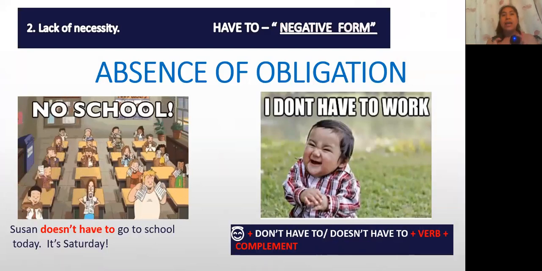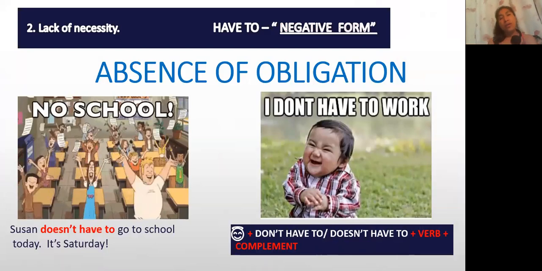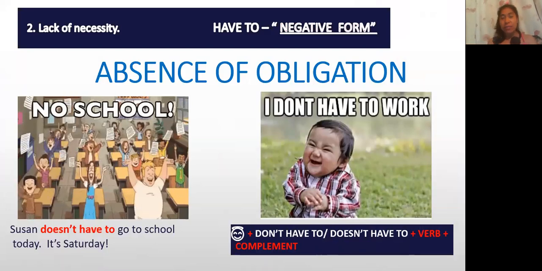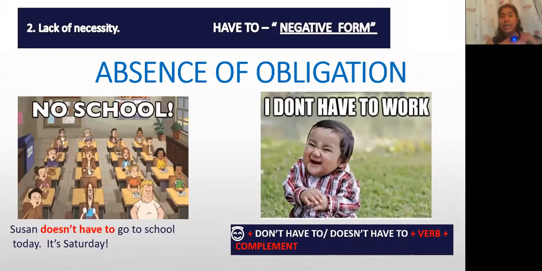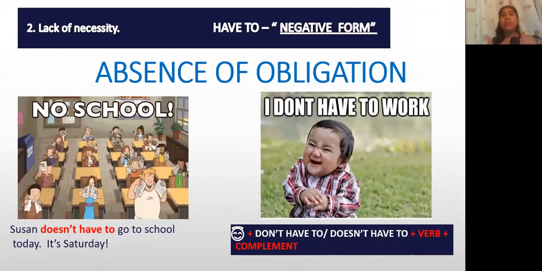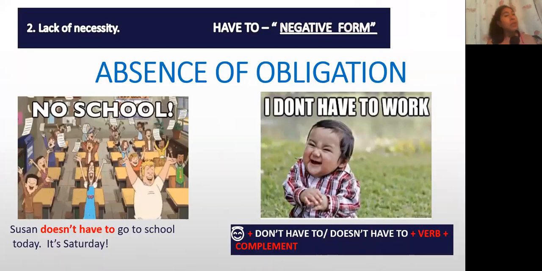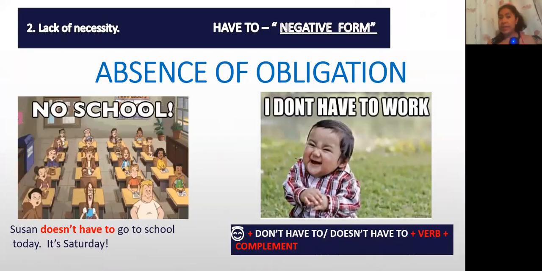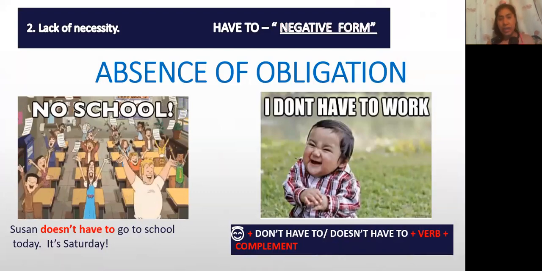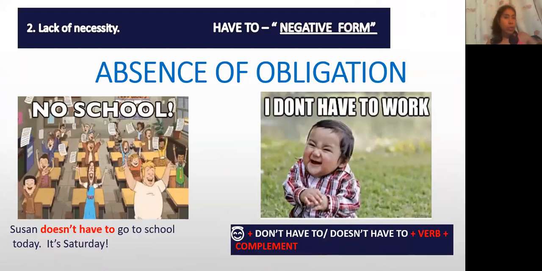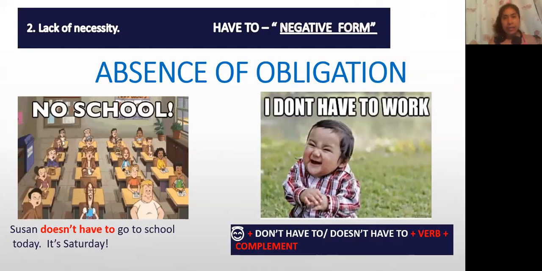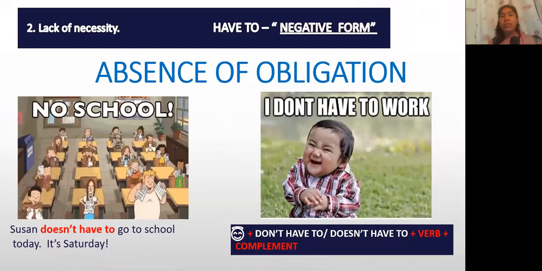But have to or has to negative is totally different. Now it means absence of obligation. It is not necessary. Is it clear for you? Positive, an obligation from another person. Negative, the lack of necessity.